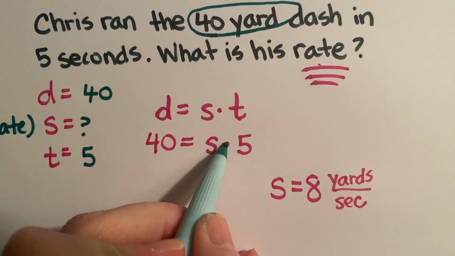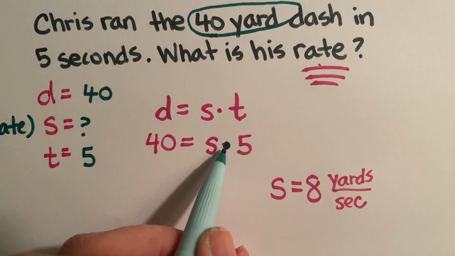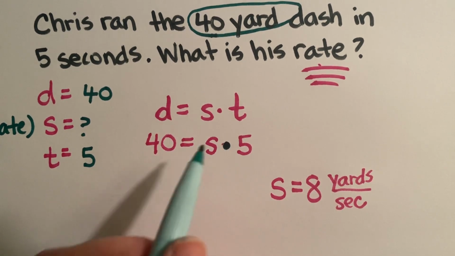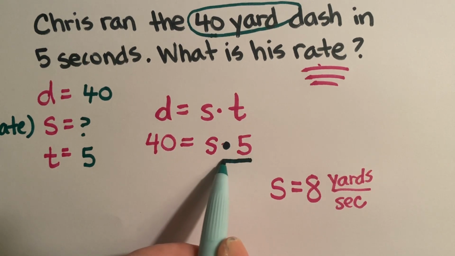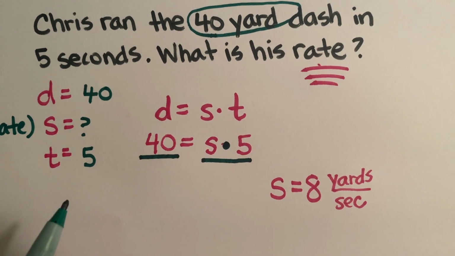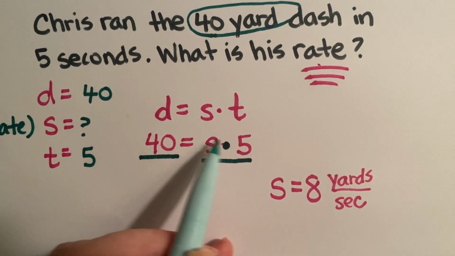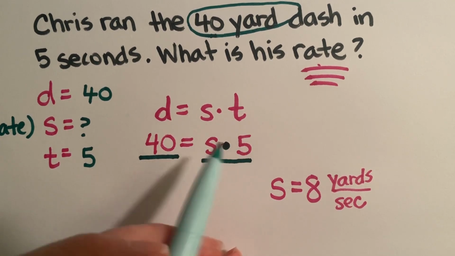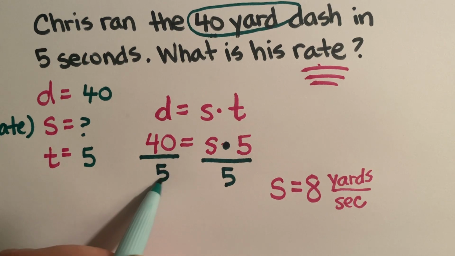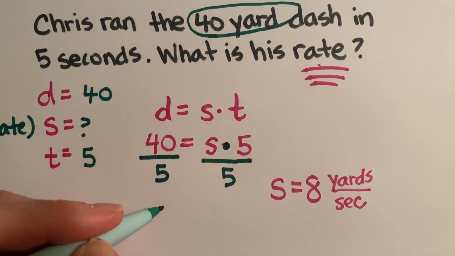Since this is multiplication, you want to do the opposite operation of multiplication, which of course is division. If you put a division bar here and you put a division bar on this side and you divide by this very number that's next to the letter S, which is 5, put a 5 there and a 5 there, what will happen is 40 divided by 5 is 8.